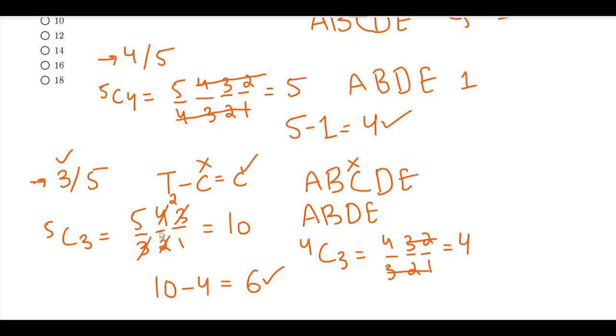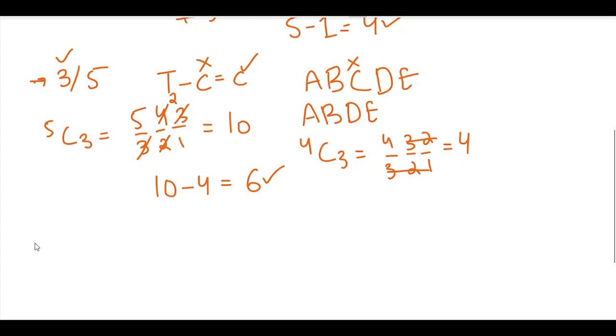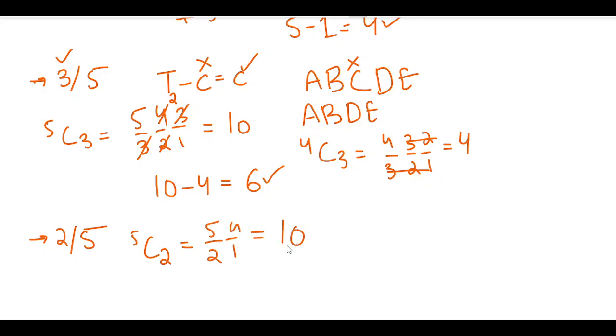Okay, moving on. Same procedure, 2 combination 5. So what's going to be the total? The total is going to be 5 combination 2, which leads me to 5 times 4 over 2 times 1, which is 10 possible cases.